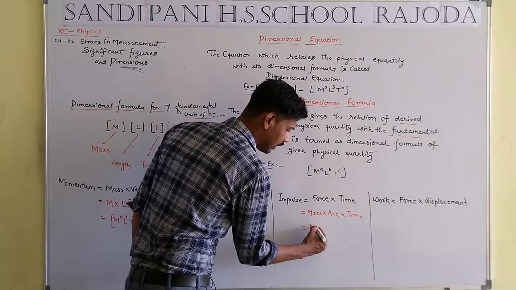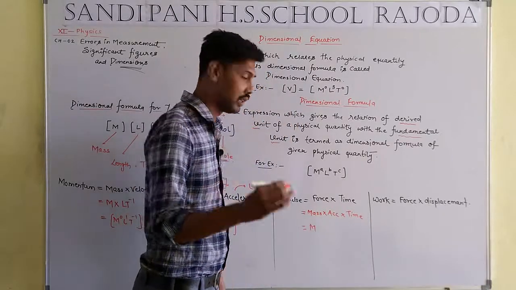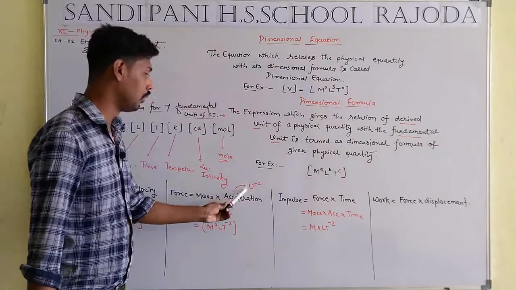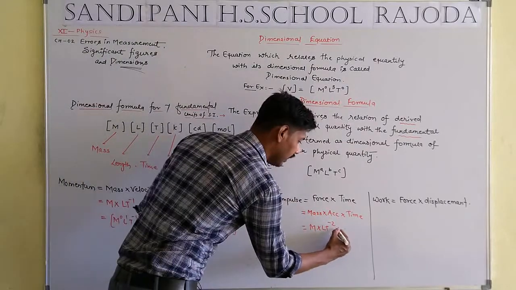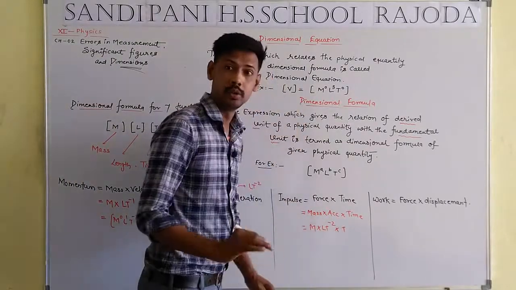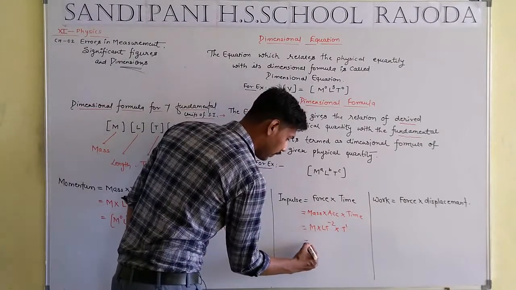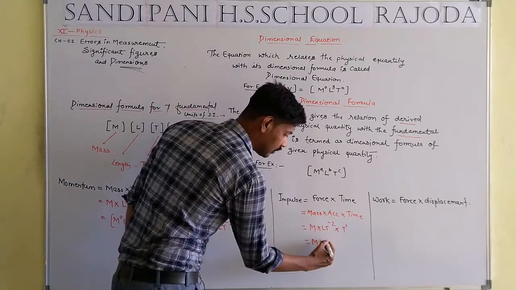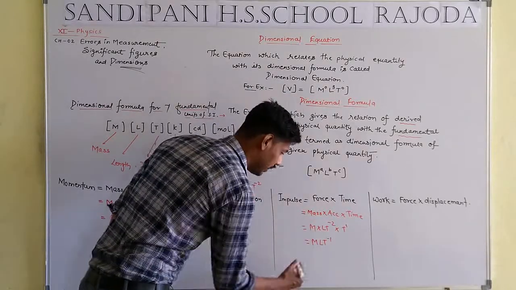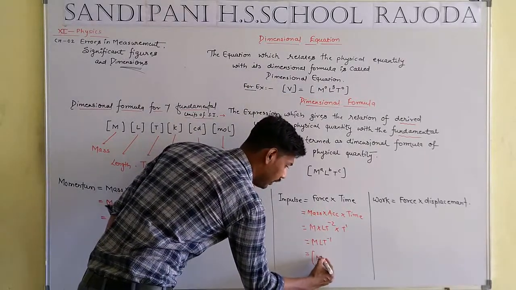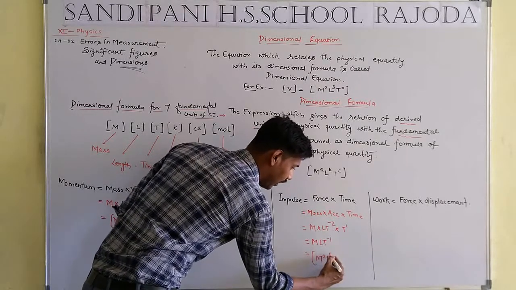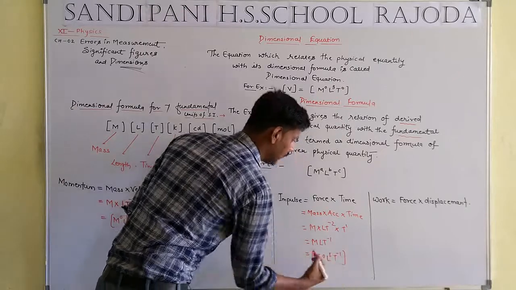Mass is represented by capital M and acceleration by L T minus 2, and time will be capital T to the power 1. So M, L, T to the power minus 2 plus 1 will be equal to minus 1. The dimensional formula will be M1, L1 and T minus 1.